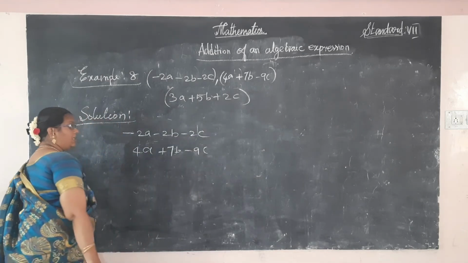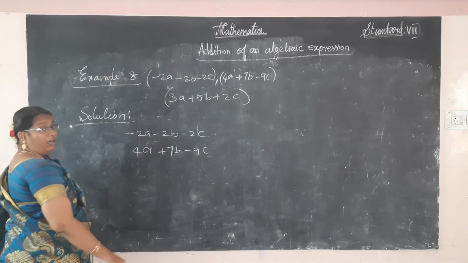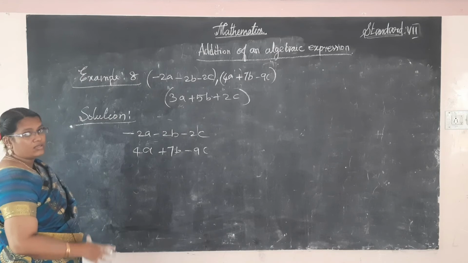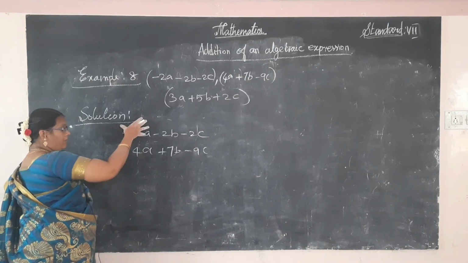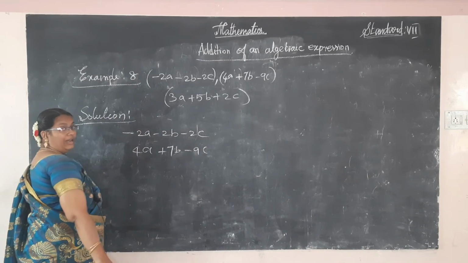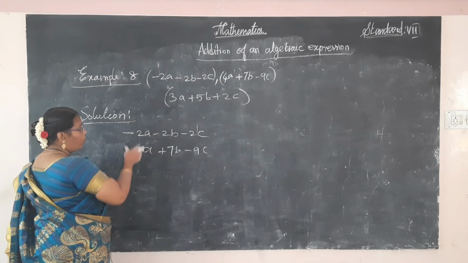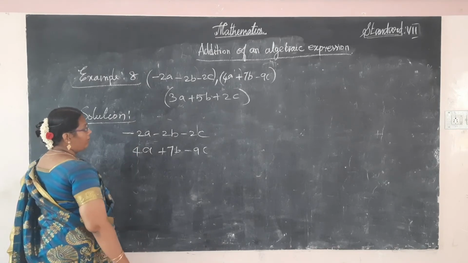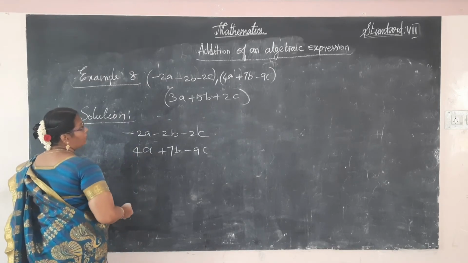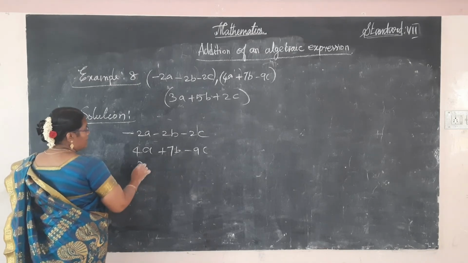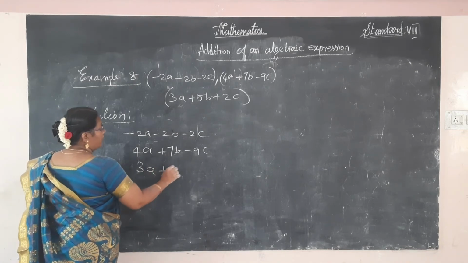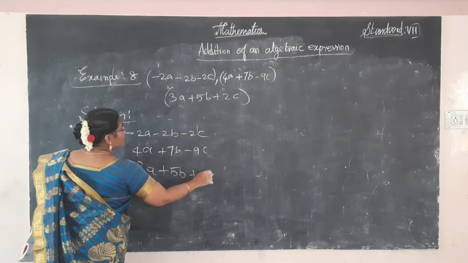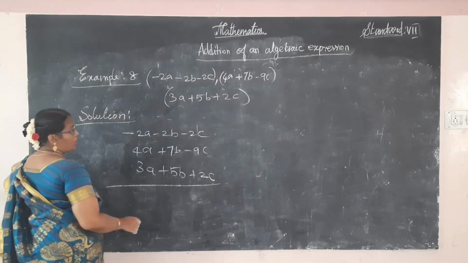Write them vertically in like terms. Arrange the variables of like terms in vertical order. Then 3a plus 5b plus 2c.